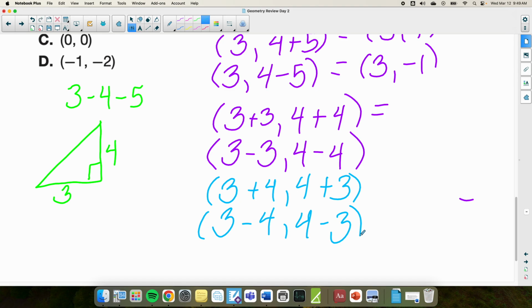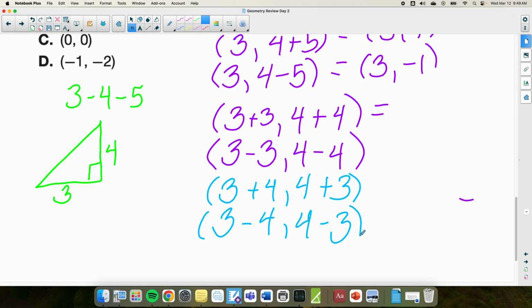Okay? I think that's all of the cases. No, I'd have to do one of each too. Like I could do this one where I add 3 and subtract 4. I could do this one as subtract and that as add. So there's a lot of choices.